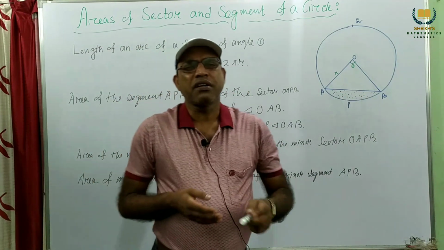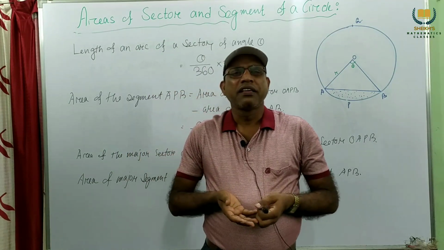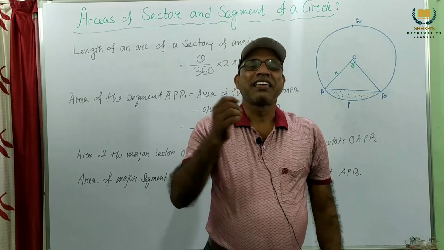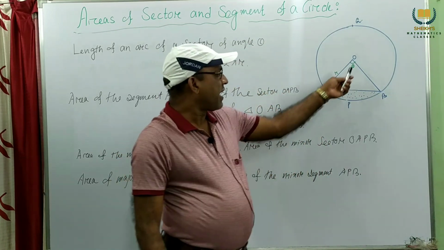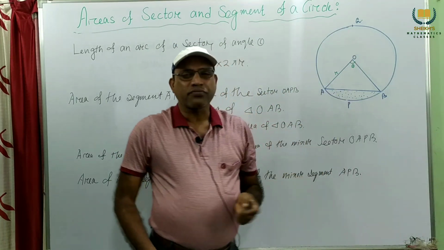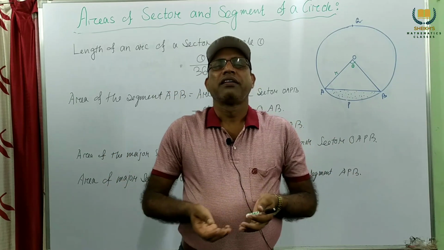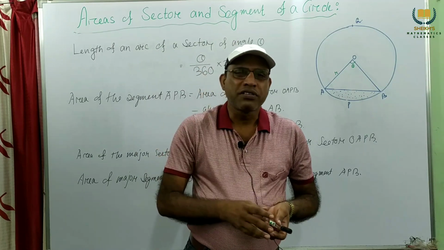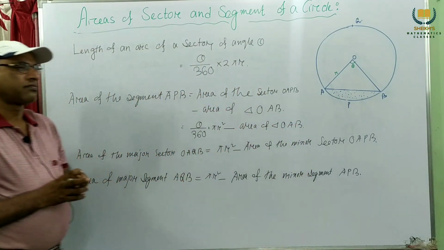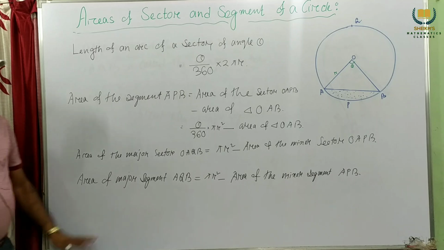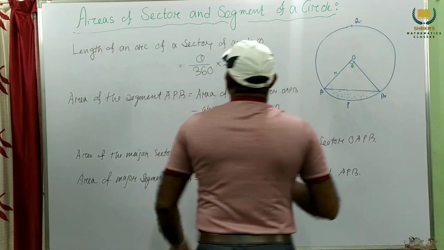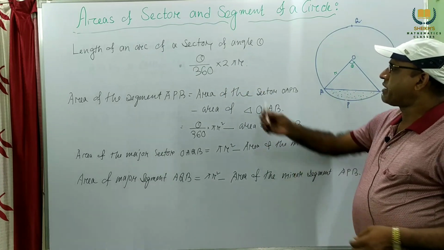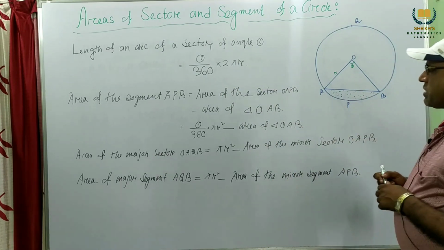Just remember what the value of theta given is and what the radius given is. If the radius and the angle theta are given, then ultimately we can find the major segment, major sector, and minor sector. So dear students, if the sector area is given, you just have to write theta by 360 pi r square.